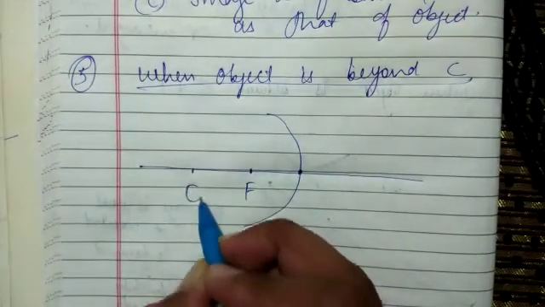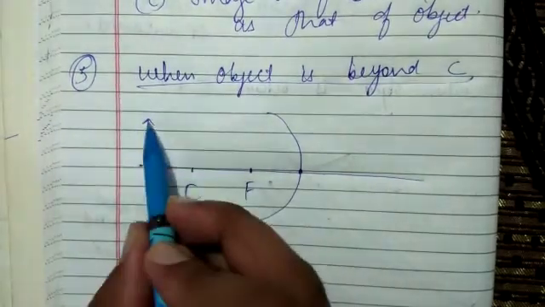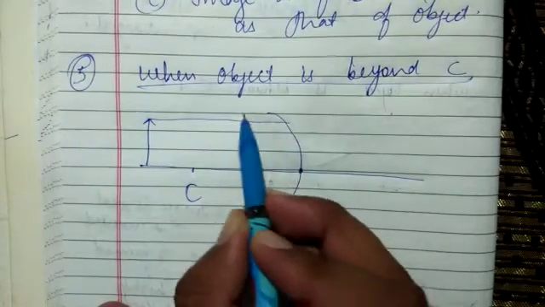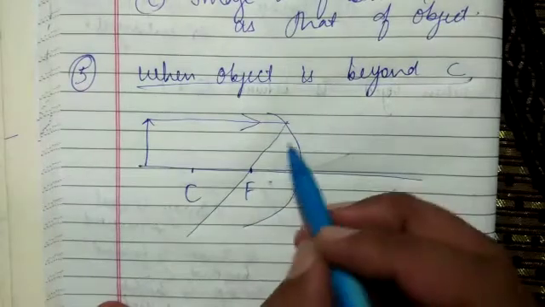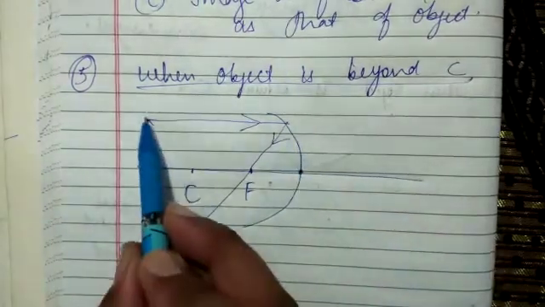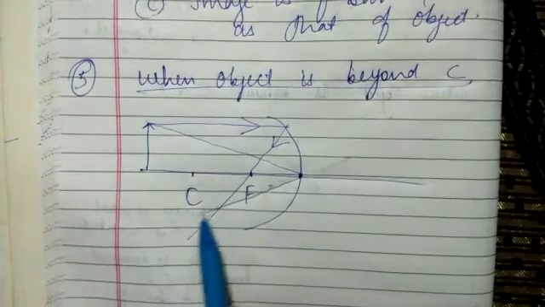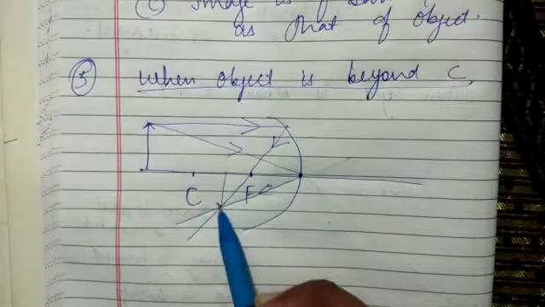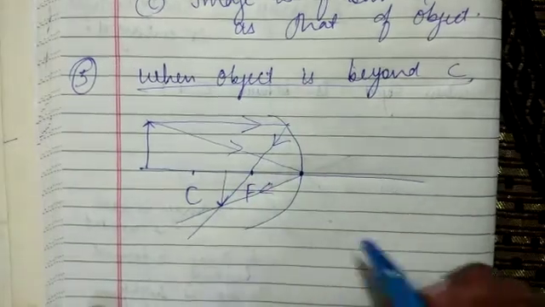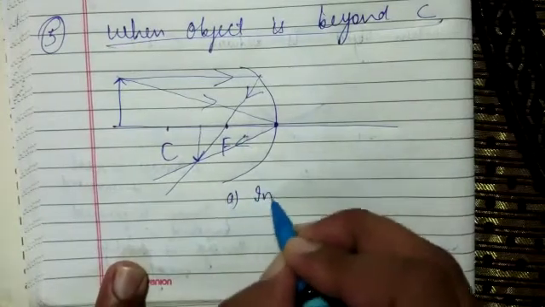So when the object is somewhere over here, beyond C, if the first rule, the line is parallel to the principal axis, it must pass through the focus after reflection. The second rule, if it is going to the pole, it must be meeting somewhere over here. Again the image is formed by the actual meeting of the two light rays. So you can easily write the image is real and inverted.